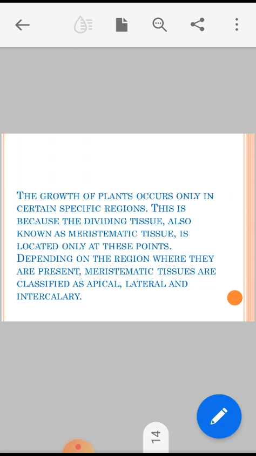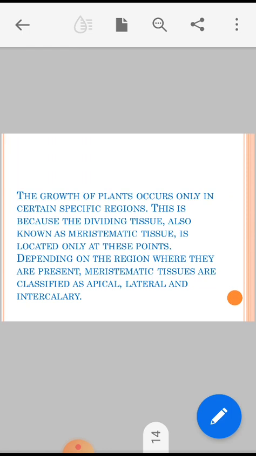So if we cut it, then that growth ceases or stops. Why? Because the dividing tissue, also known as the meristematic tissue, is located only at these points. जहाँ से हमने कट किया है, वहीं पे मेरिस्टेमेटिक टिश्यू है, तो ग्रोथ तो बंद ही हो जाएगा.